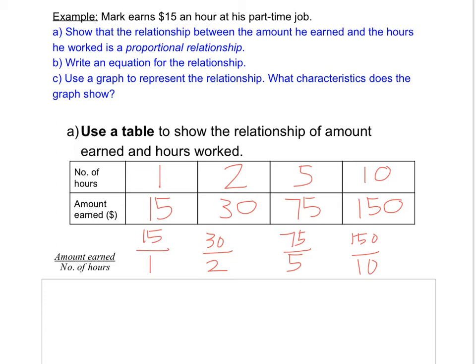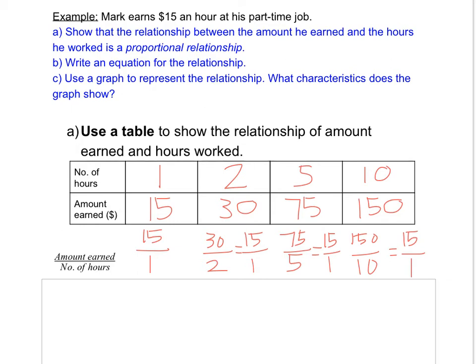Now let's take a closer look at all these ratios. Okay. And do you realize that this ratio here can be simplified to become 15/1. Same for 75/5, which is also the same as 15/1. And same for the last one, 150 to 10 is also the same as 15/1.